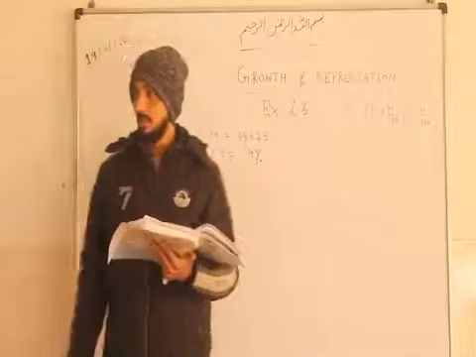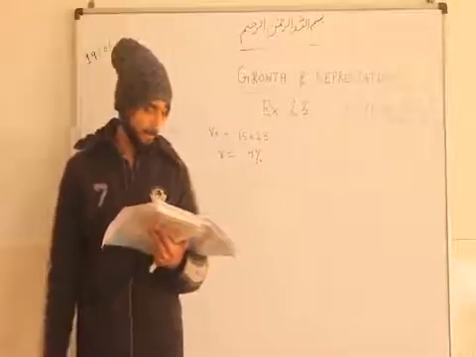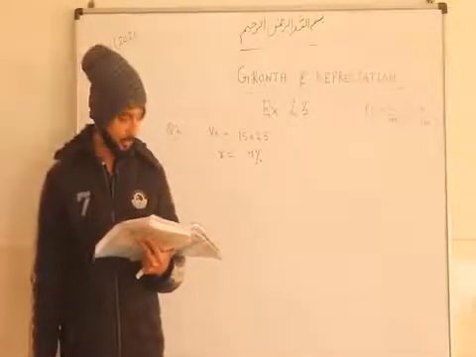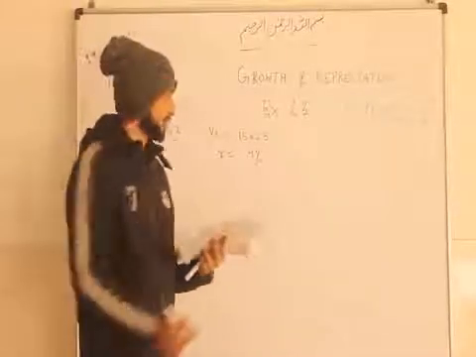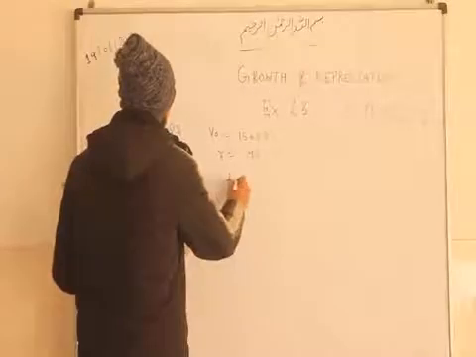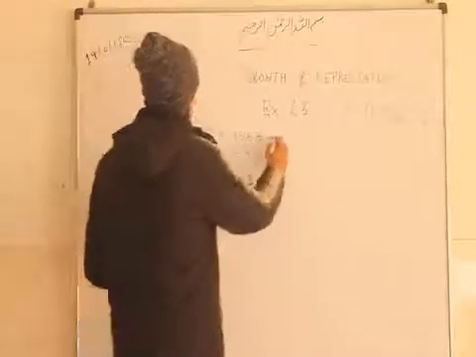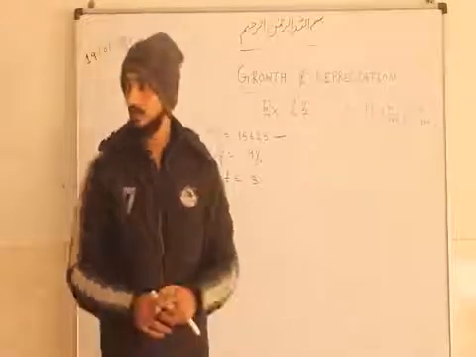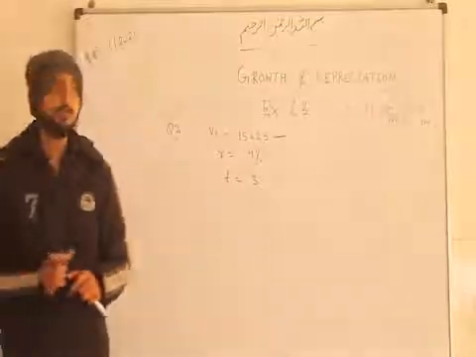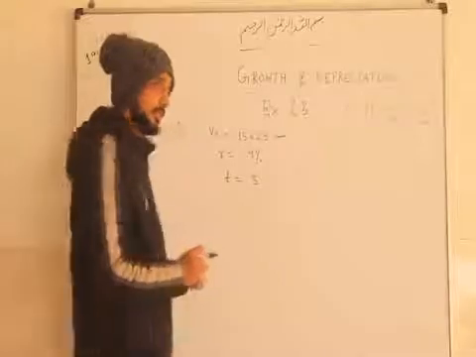So here it is asking what will be the increase in population in the next 3 years. So time is given here, 3. This is the initial value, so we have to calculate the final value after 3 years, and we also have to find how much it increased.